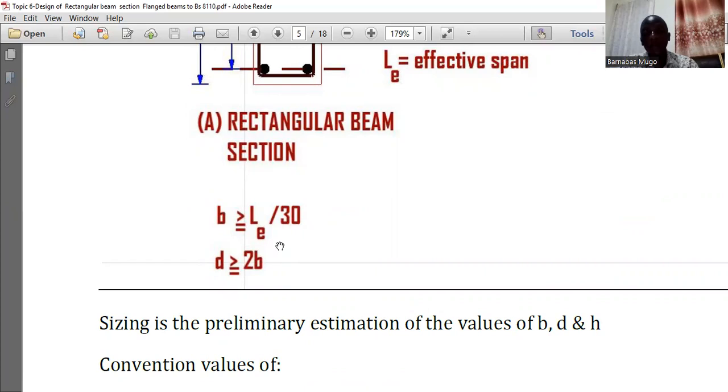So if I have the value of LE, I can be able to determine the value of the breadth. Then the value of D will be 2 times B. So I just need to know what is the value of B, then I multiply with 2 in order for me to get the value of D.